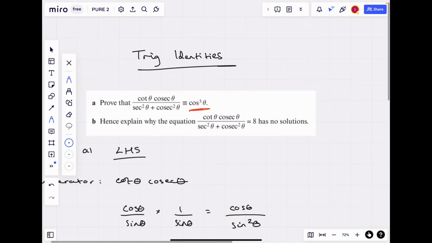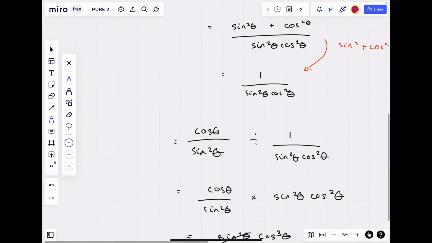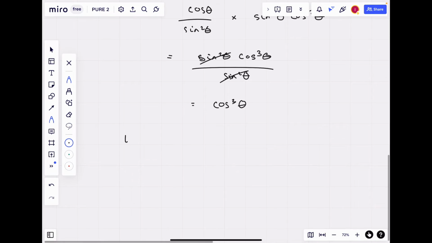Perfect. Part B. Hence explain why the equation blah blah blah equals 8 has no solutions. The blah blah blah equals 8 is the same as cos cubed equals 8. If we want just cos, we have to do the cube root of 8, which is 2.